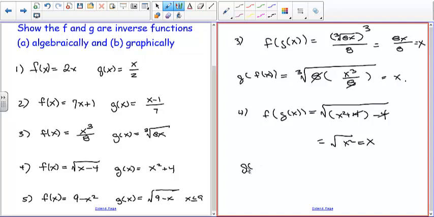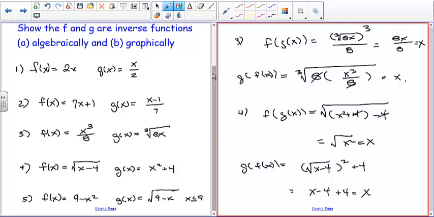And then you have g of f of x, go the other way. So we have x squared plus 4. For x, we put in the square root of x minus 4. So the square root of x minus 4 squared is x minus 4. We add 4, and we get x. So f of g of x equals x, and g of f of x equals x.